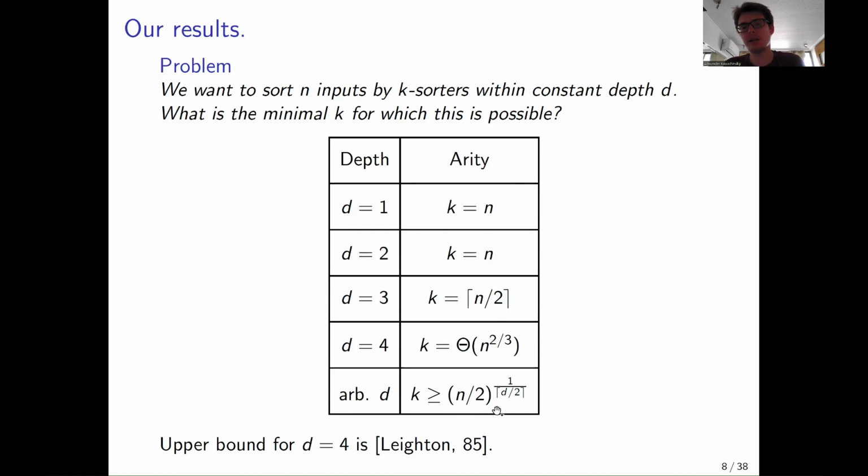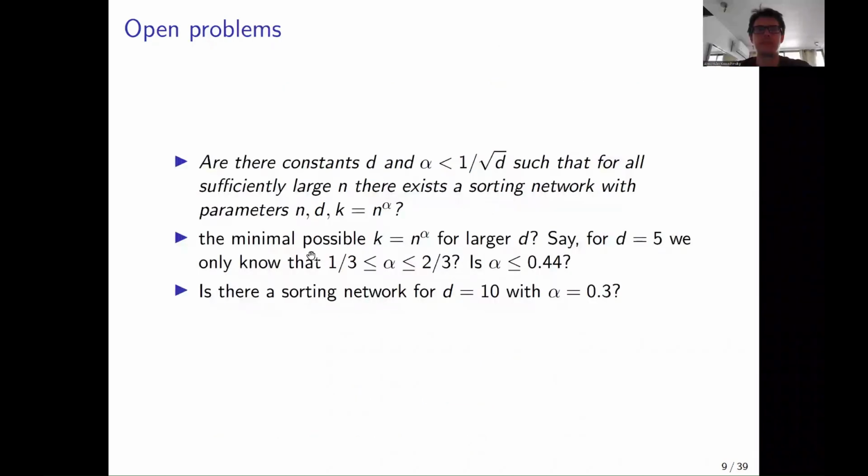A final remark is that if you write the lower bound for arbitrary d as a lower bound on d, you obtain something. Before, I described a simple argument showing that d is at least log n base k, and here you can get 2 before log n. We will discuss it a bit later.